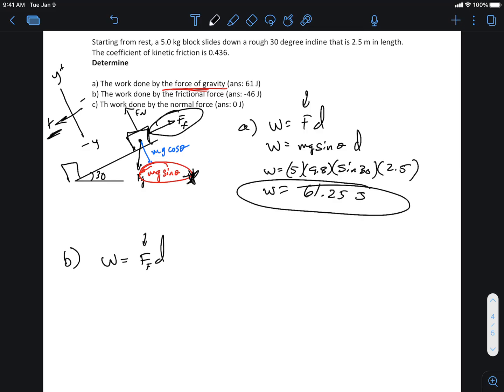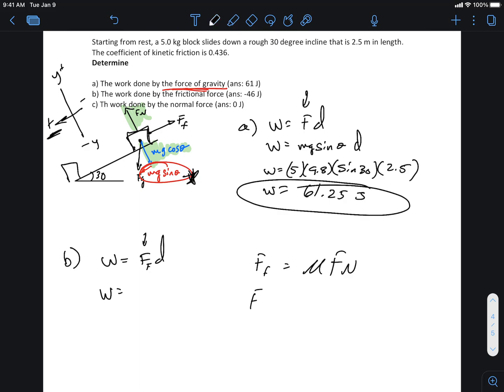Well, you guys know that the force of friction is the coefficient multiplied by Fn. Well, what is Fn? Fn is equal and opposite to the Y component of gravity, mg cos theta.